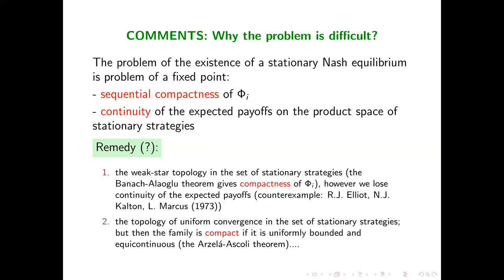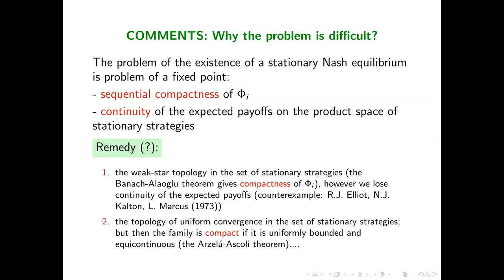So first of all, we have a problem of the sequential compactness of the set of stationary strategies for player i, if X, the state space, is uncountable. Then the second problem is connected with the continuity of the expected payoffs on the product space of stationary strategies. So there are two remedies, two theorems which can be used to get the compactness.